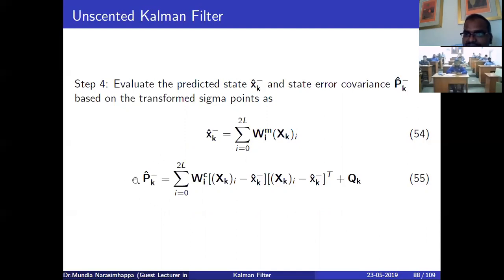Here the predicted state, please remember, earlier we used to calculate just x equals F x, and P equals F P F transpose plus Q, right? But here I have to calculate based on the weighted sigma points. That is the only difference. So this is the predicted state and predicted state error covariance, which is based on the sigma points.